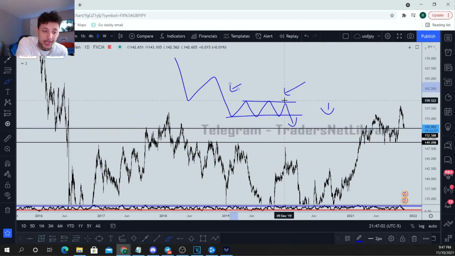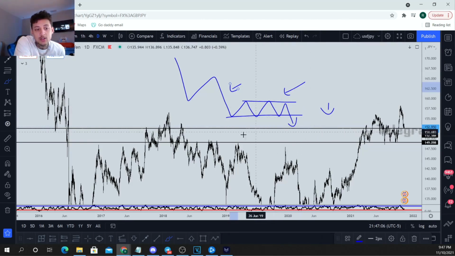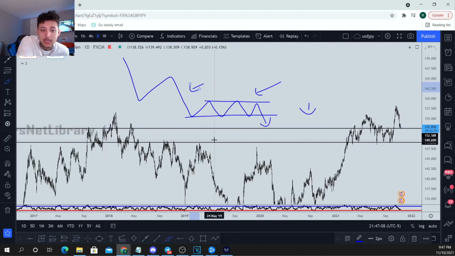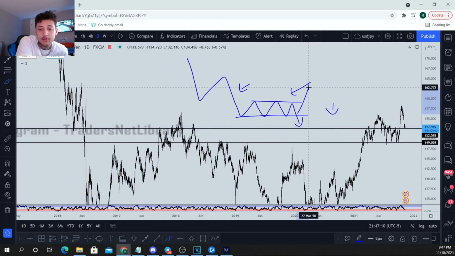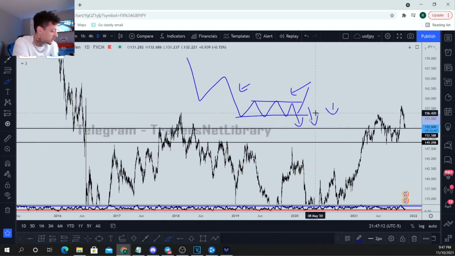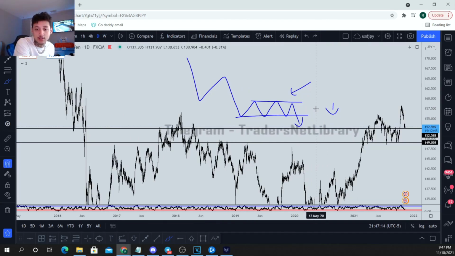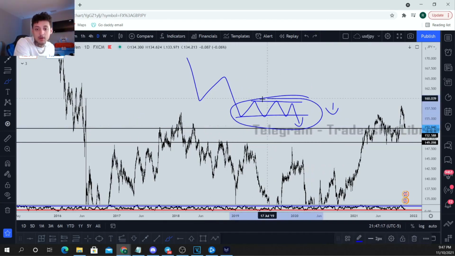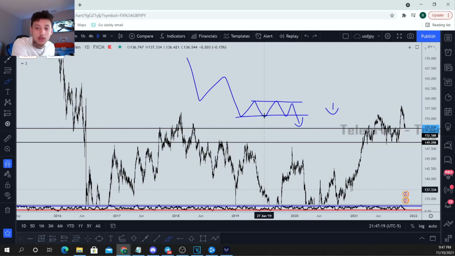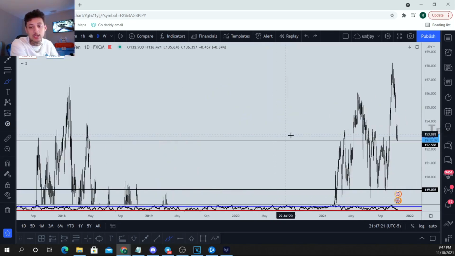Now, it always depends on where this is, because if this is just in a random area, then it can just happen. But sometimes we may see a reversal, but the probability for the trend to continue is actually a lot higher. This is just another form of a pullback. This is just going to be a consolidation pullback where the trend continues.